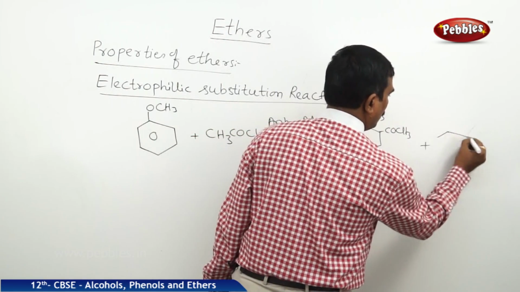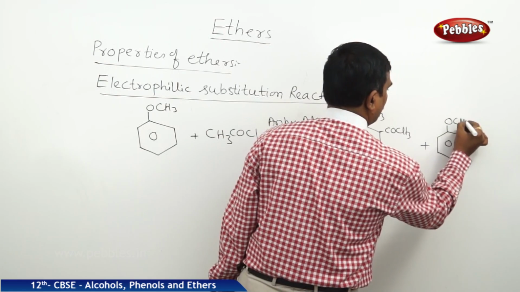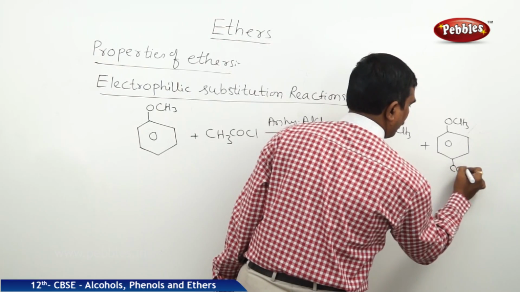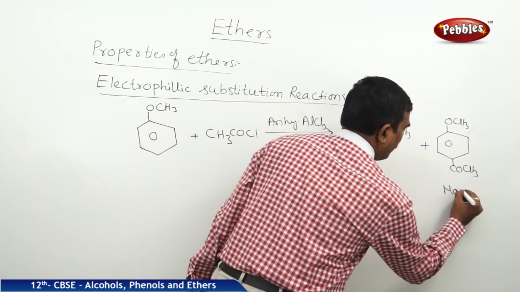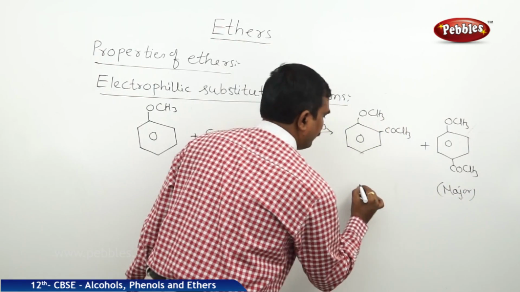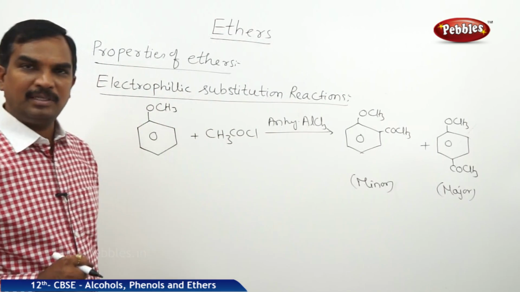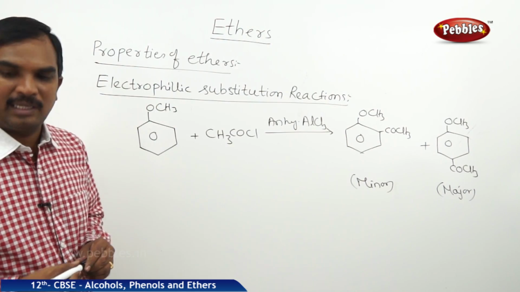This is ortho, the other product is the para product. Again, the para product is the major product, the other is minor. This is Friedel-Crafts acylation.